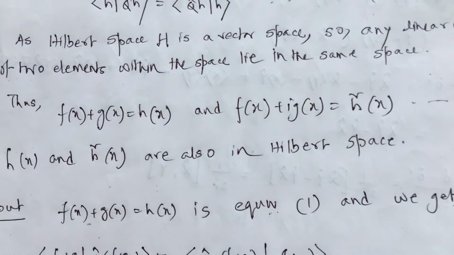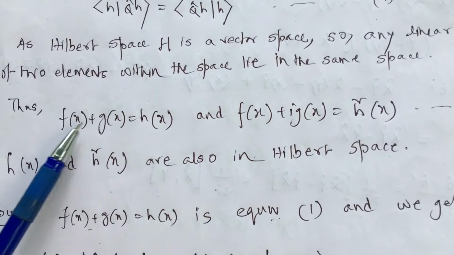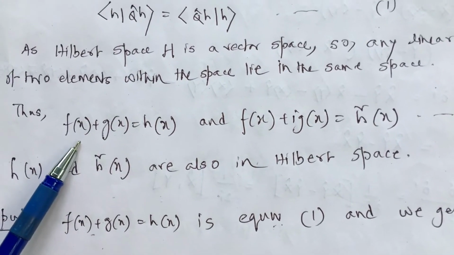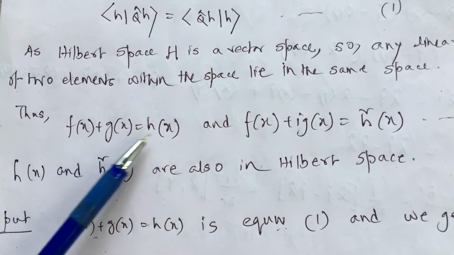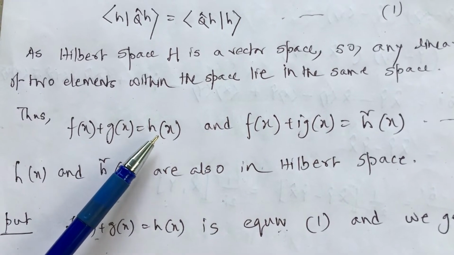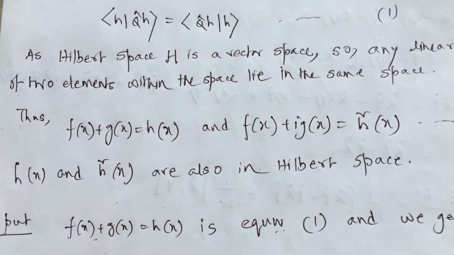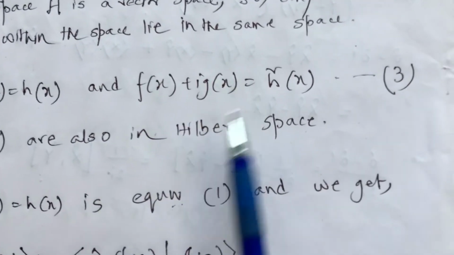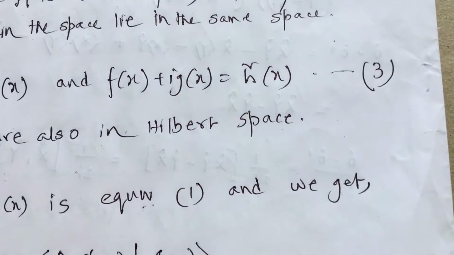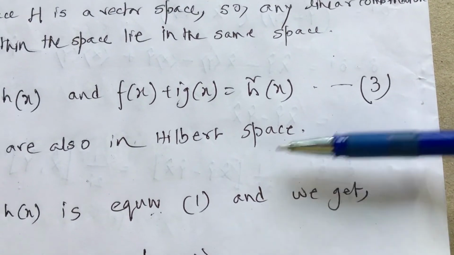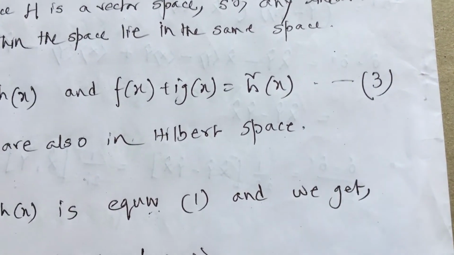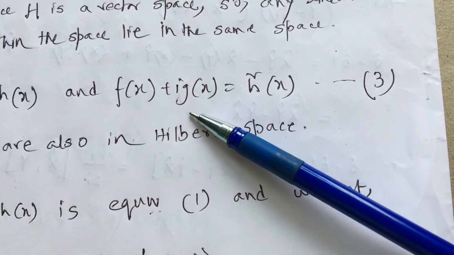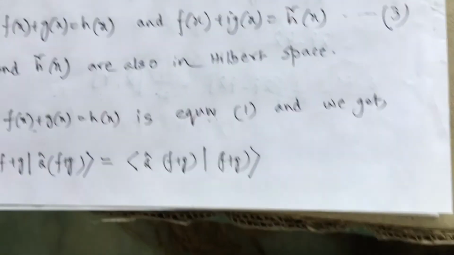That means if I make a linear combination of f and g, it gives me h(x), which lies in the same Hilbert space. And this is another linear combination of f and g, which gives me h tilde, because this is f(x) plus i g(x), and this is equation 3.